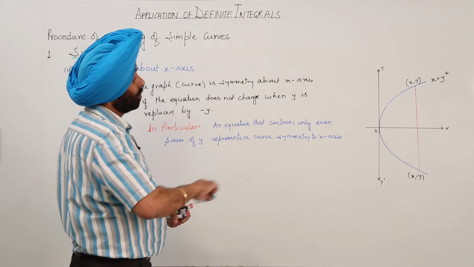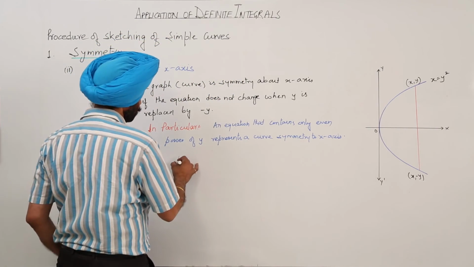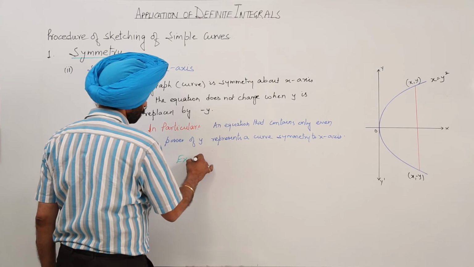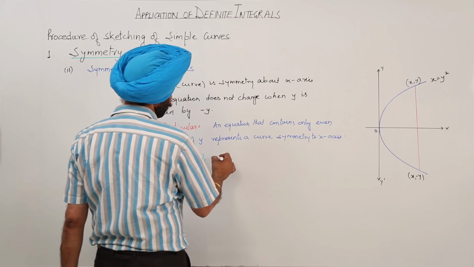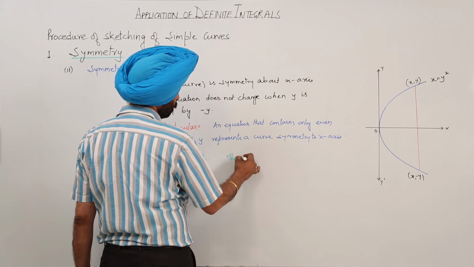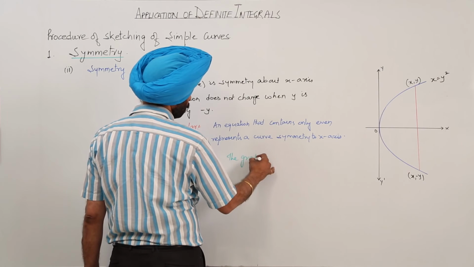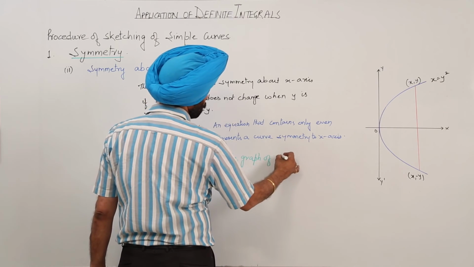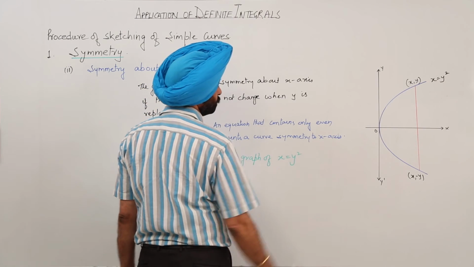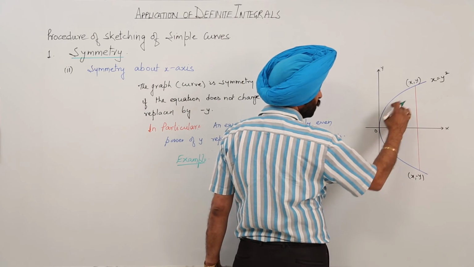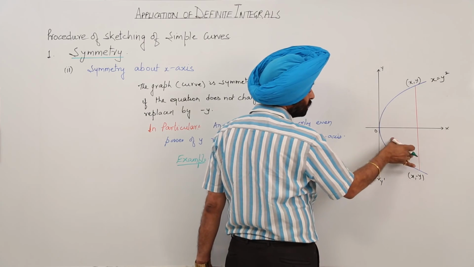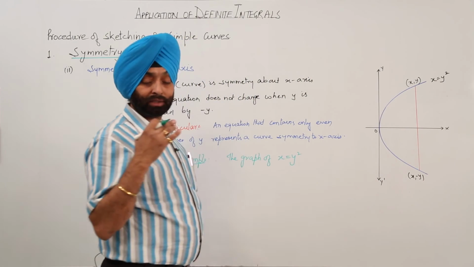And for example, I have already drawn a graph there. Example, the graph of x is equal to y square. Now here from the x-axis, points lying on this side and points lying on this side are exactly at the same distance.